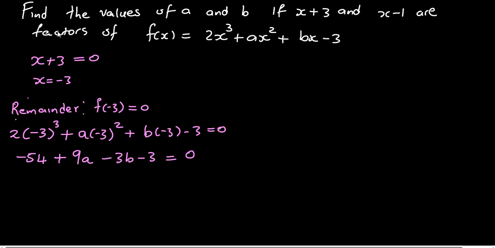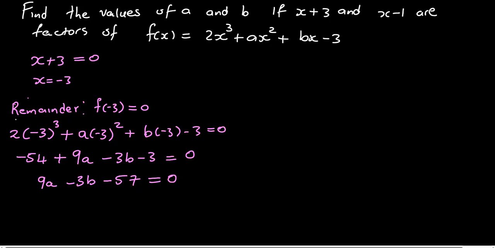Yes, minus 54 and minus 3, which will give us minus 57. So we have 9a minus 3b minus 57, which is equated to 0.